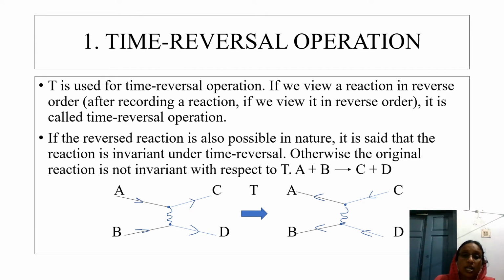A and B interact with each other and form C and D. If you apply the time reversal operator, then C and D interact with each other and form A and B.